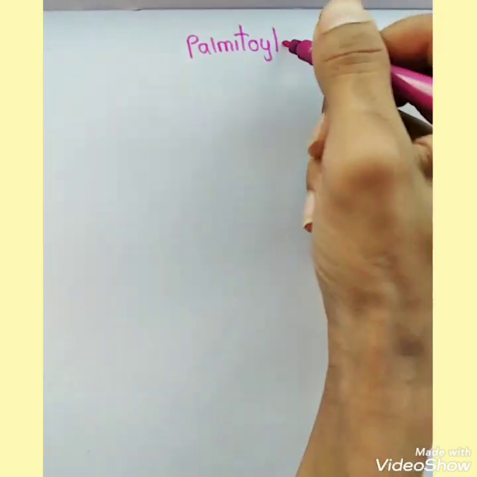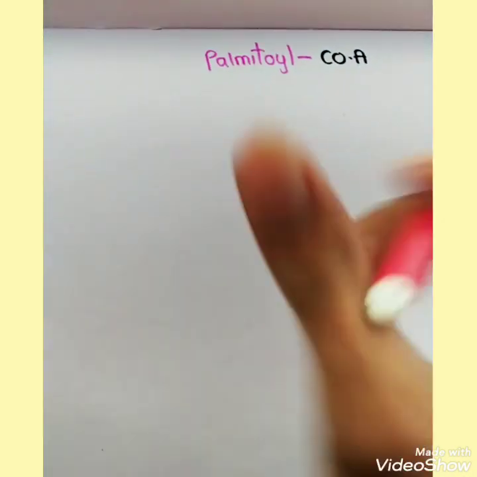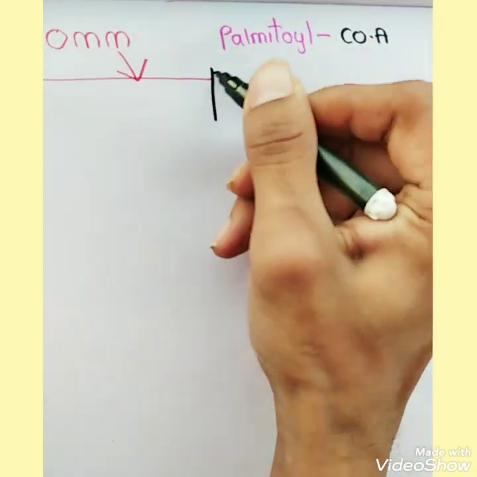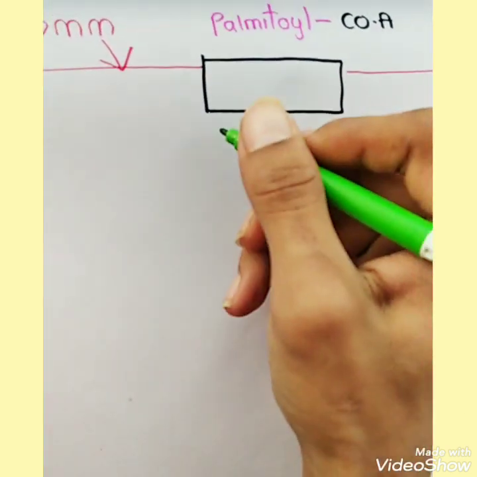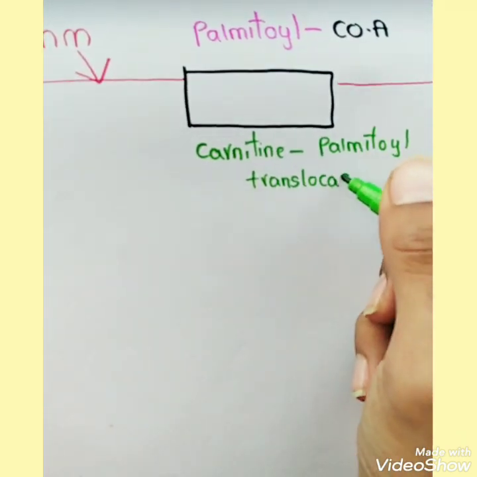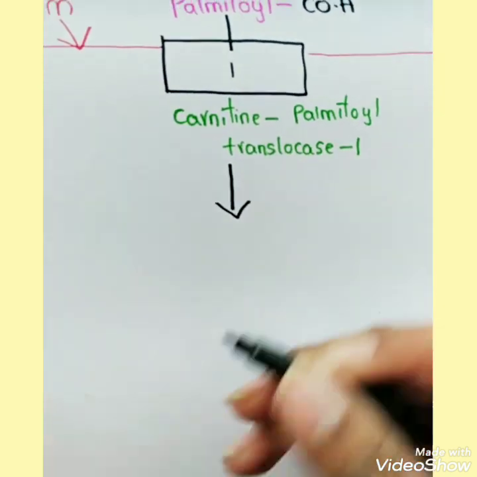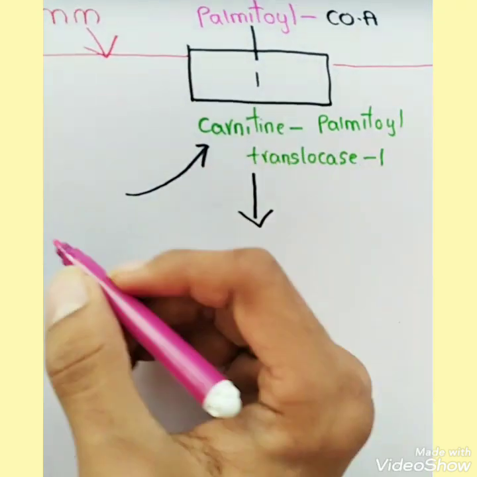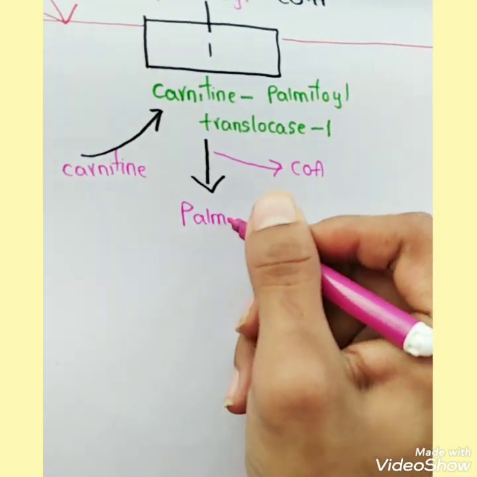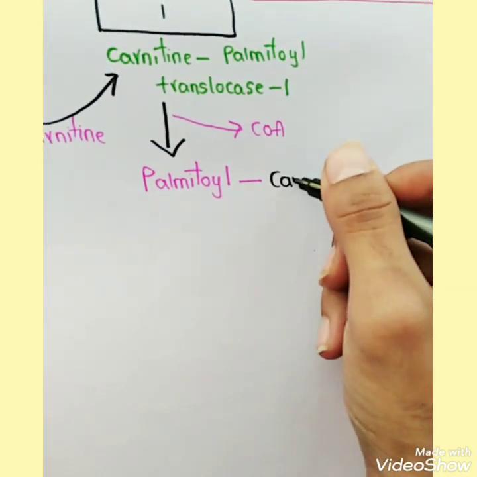Now the palmitoyl-CoA in the cytoplasm of the target cell first needs to be transported into the periplasmic space. This is done by carnitine palmitoyl translocase 1 located in the outer mitochondrial membrane, which adds carnitine and removes CoA and converts it into palmitoyl carnitine.